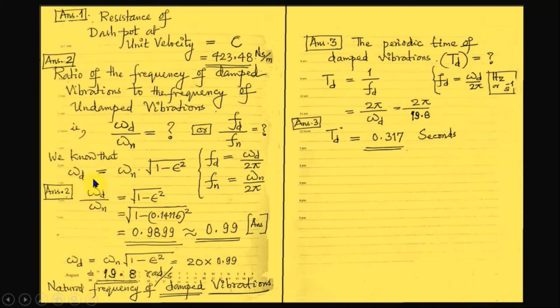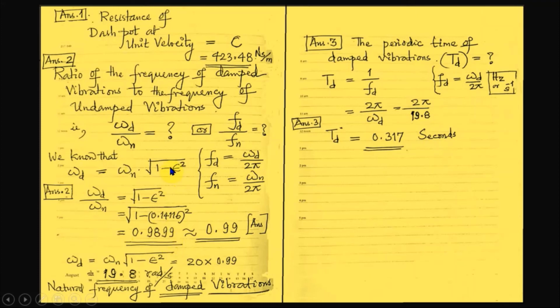We know that omega d is related to omega n by the relation omega n into square root of 1 minus epsilon square is equal to omega d, where epsilon is the damping factor. We know the value already, 0.14116. So omega d by omega n is equal to square root of 1 minus epsilon square. If you substitute the value of epsilon here, that ratio comes out to be 0.9899.